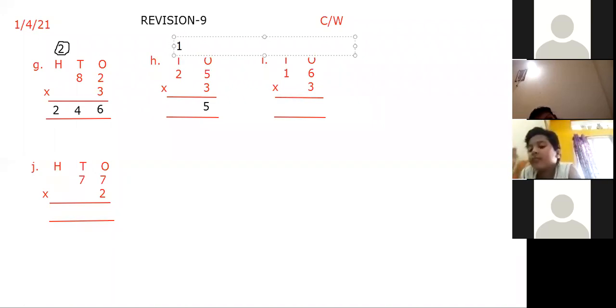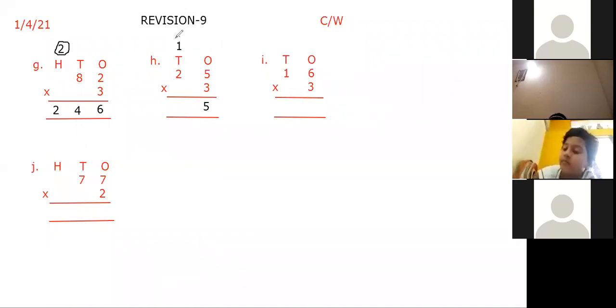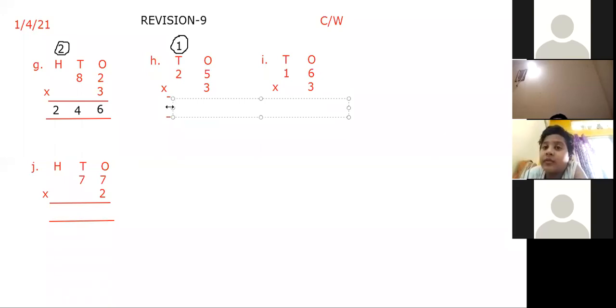Now next, we have 2 in tens place, so we will recall 3 table, 2 times. Yes, 3 twos are 6. And 6 plus 1? 7. Yes. So what is the answer? 75.